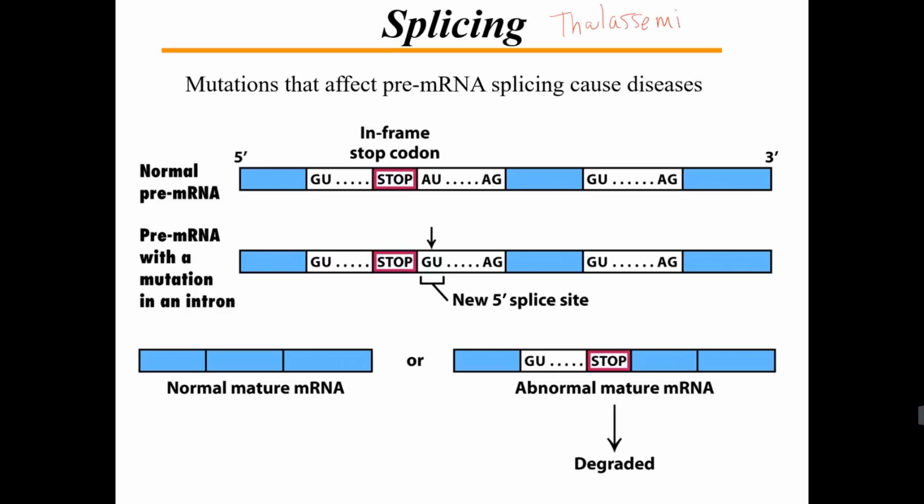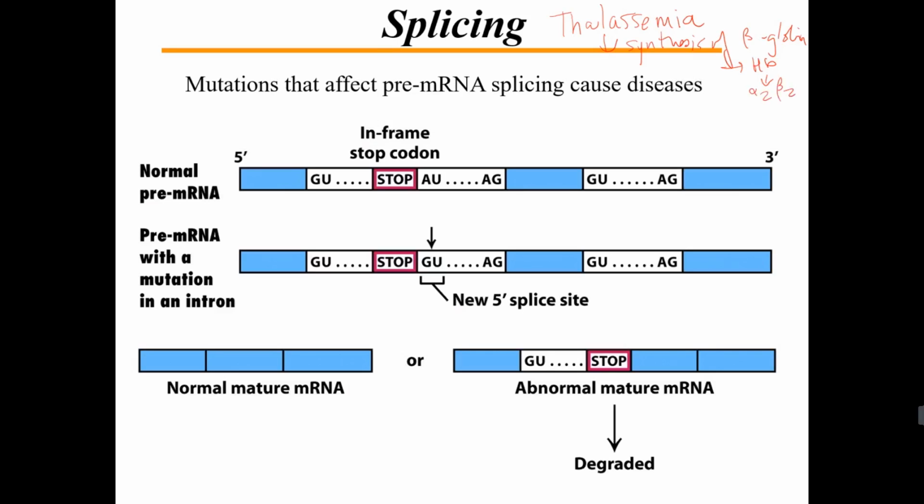So what is thalassemia? Basically, thalassemia is characterized by a reduced synthesis of the beta globin chain that makes up hemoglobin. So if you remember from your material from 210, hemoglobin is a tetrameric structure that consists of 2 alpha and 2 beta subunits.